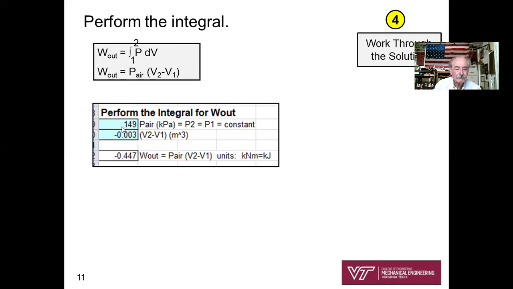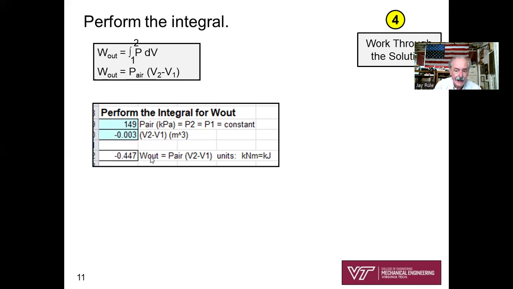In my work, my little light blue cells mean I'm simply transferring a number from something I've gotten previously up the page. So 149 from previous work, V2 minus V1, negative 0.003 cubic meters from previous work. Bang those two things together. In the integral, it's the area of a rectangle.